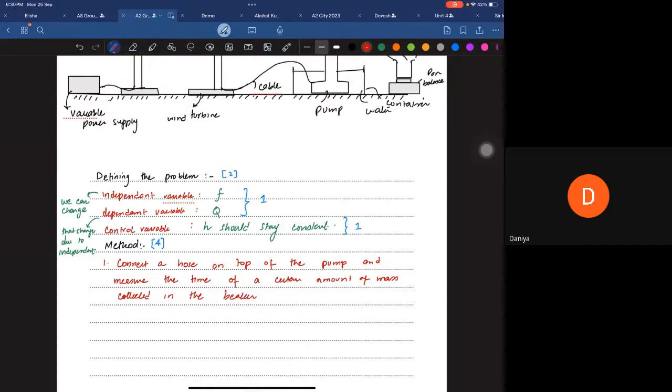You guys get it? Like that. Now, how? Using a stopwatch. I need to say that here so that the examiner knows I'm taking it from the stopwatch, okay?